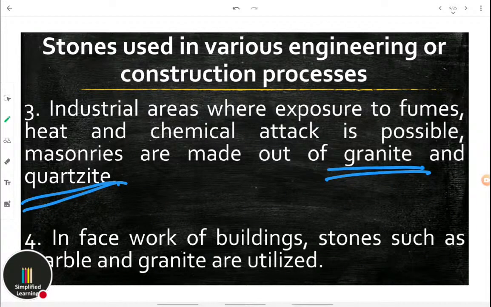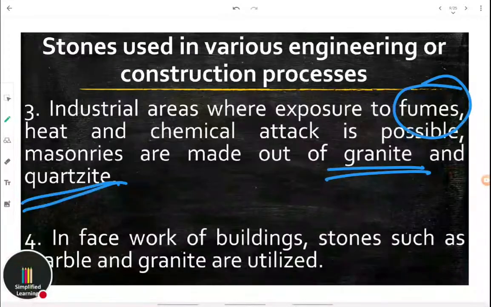They can withstand all those stresses because of fumes, and fumes means chemical fumes. Chemical fumes involve some compounds, some molecular activities which cause disintegration of the material to which they are exposed. That's why we are going with strong rocks, which are granite and quartzite.